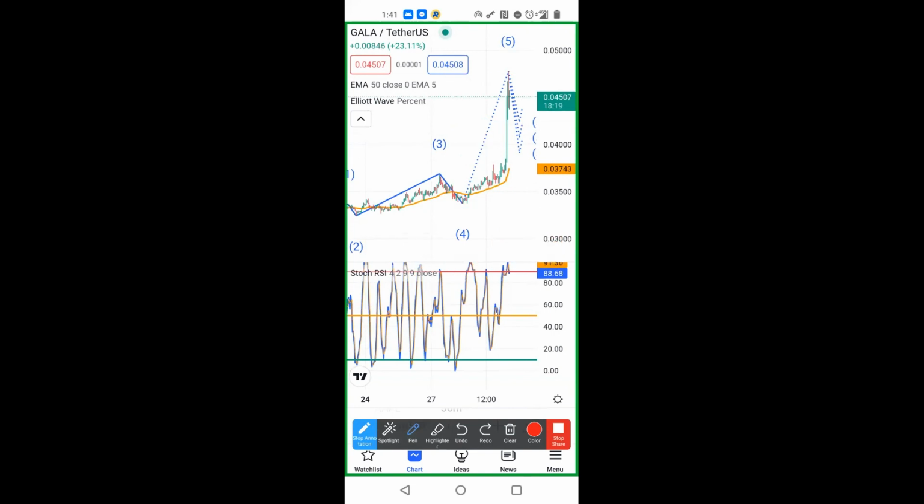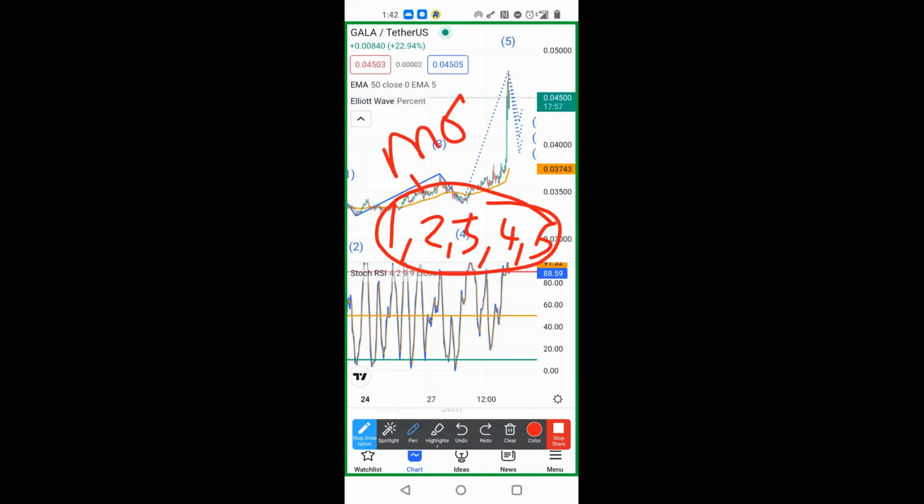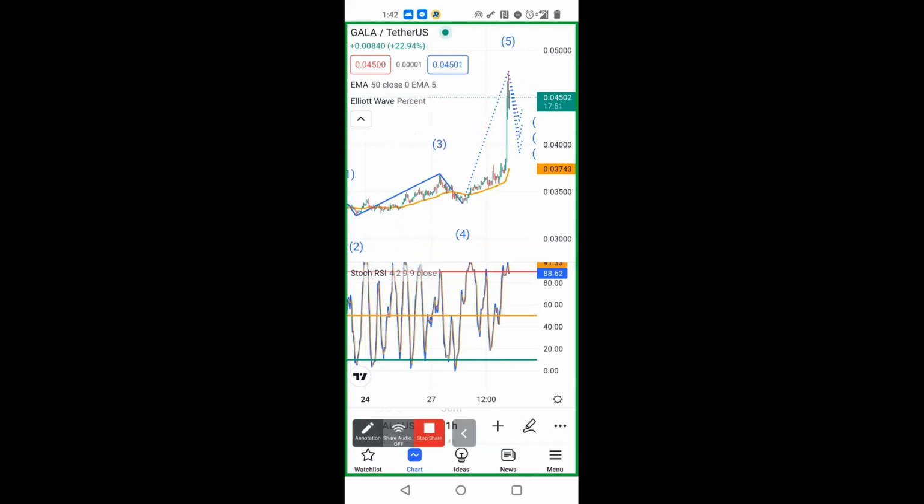Simple. Wave 2 and wave 4 are bearish. Simple. Wave 1, wave 2, wave 3, wave 4, and wave 5. These ones, they are what we call the motive waves. Because remember I said that each wave has 5 subwaves.